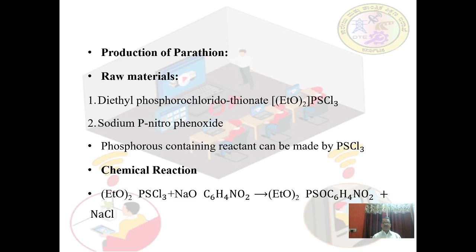The phosphorus-containing reactant can be made from PCl3.